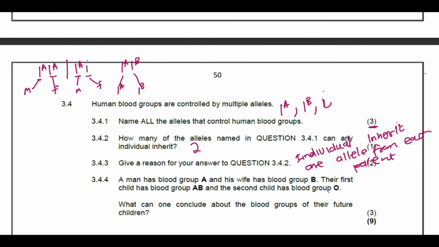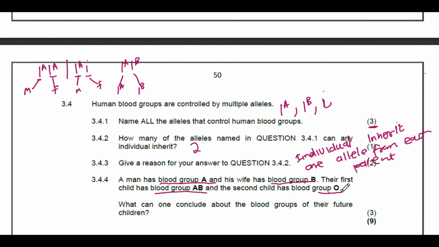Question 3.4.4 says a man has blood group A and his wife has blood group B. Their first child has blood group AB and their second child has blood group O. What can one conclude about the blood groups of their future children?